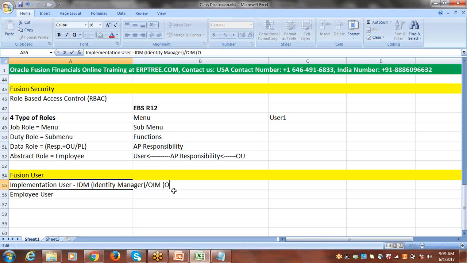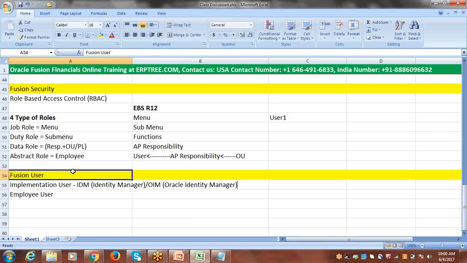OIM stands for Oracle Identity Manager. In Fusion we have two types of users: implementation user and employee user. The implementation user you can create from IDM, also called OIM, Identity Manager or Oracle Identity Manager.